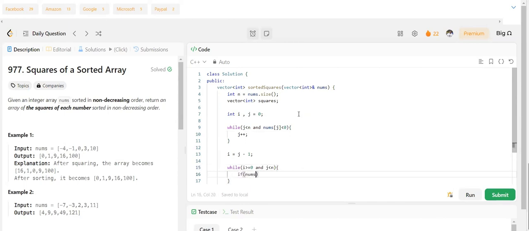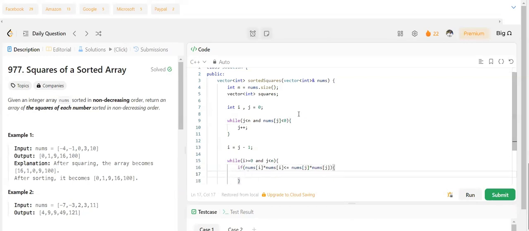if nums of i into nums of i is less than or equal to nums of j into nums of j, that means the square of the negative number is smaller.